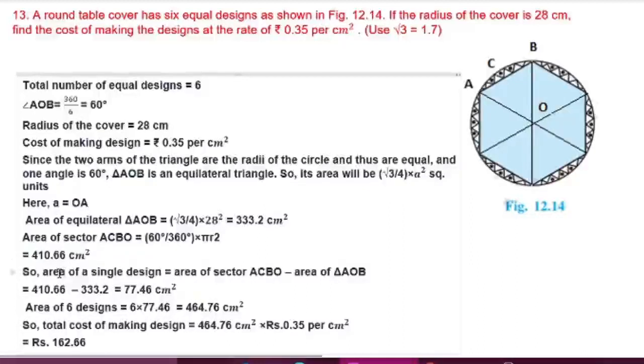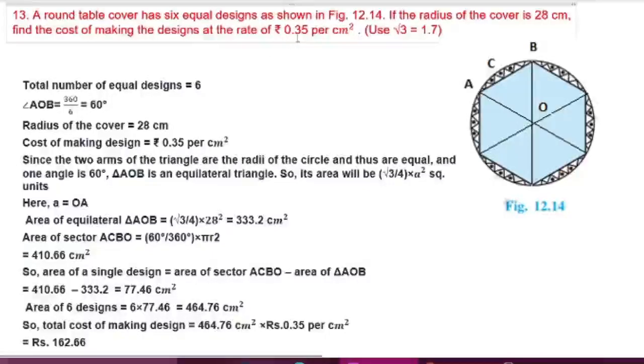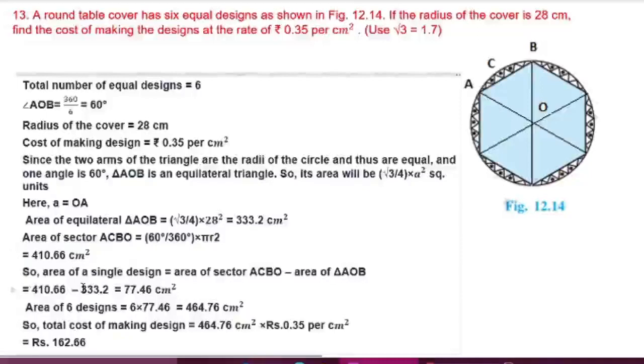Now we have to find the area of a single design. Here we have to find the cost of making the design at the rate of rupees 0.35 per centimeter square. So first we will find the area of a single design, or one design. So this is the design here, this shaded region.